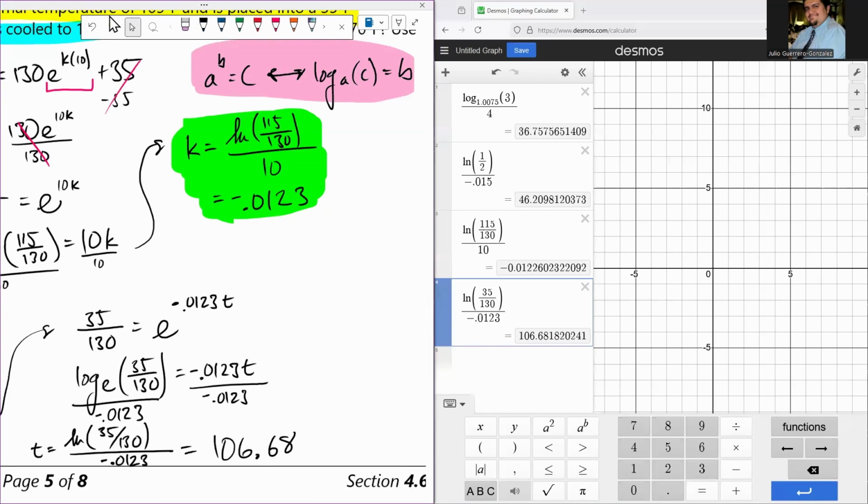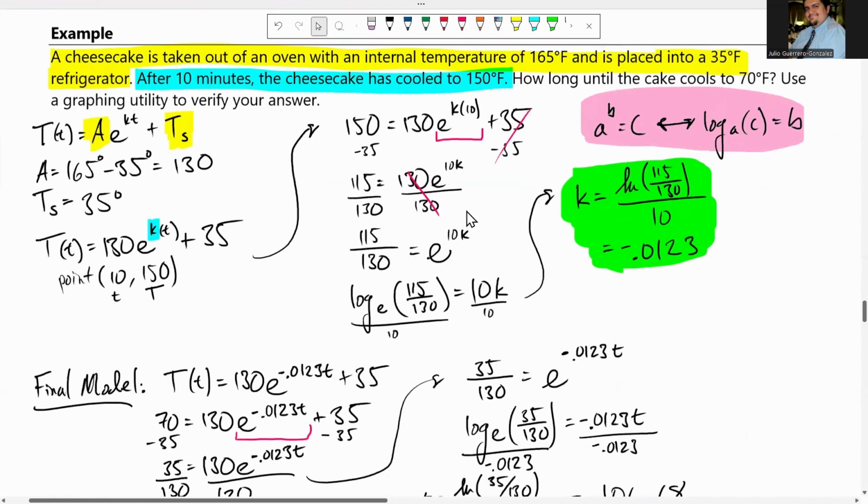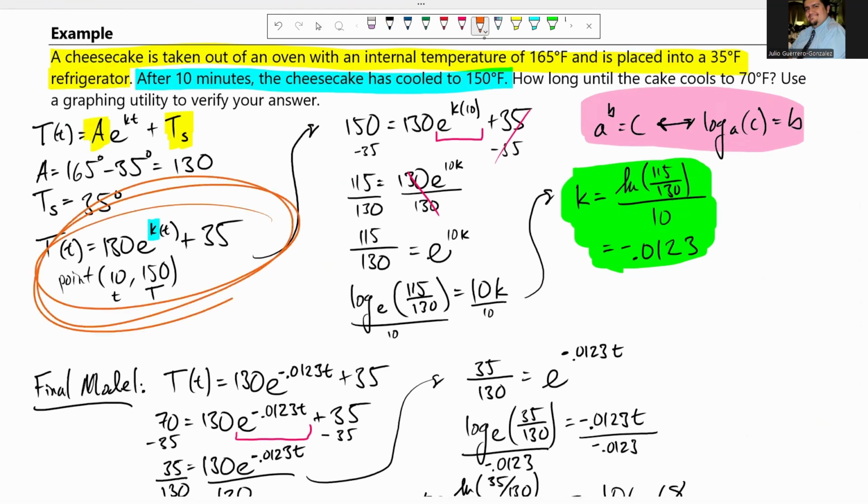Okay. Now we're almost done, I swear to you. The question was asking how long will it take the cake to cool down to 70 degrees Fahrenheit. If you remember, we were defining variables.